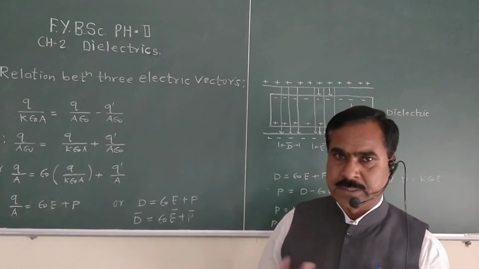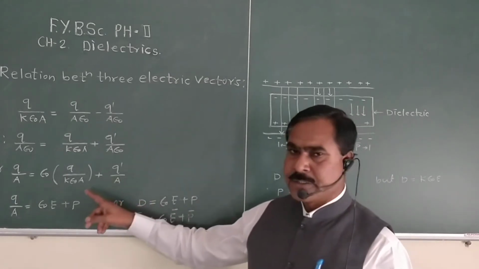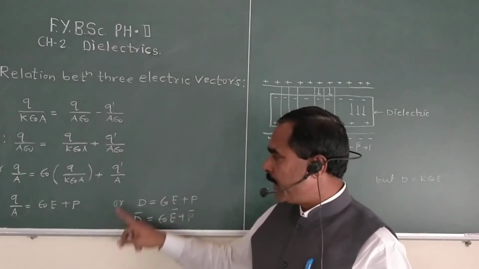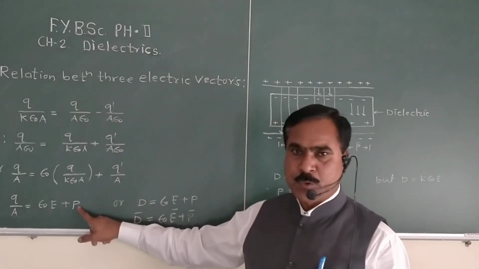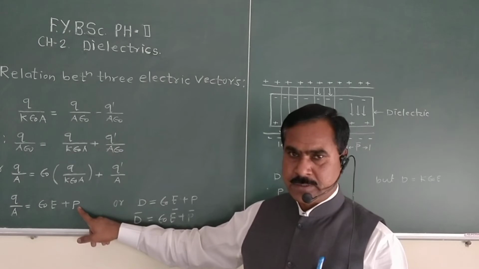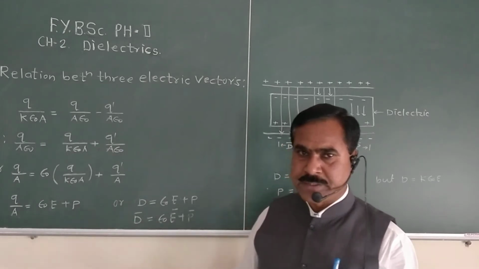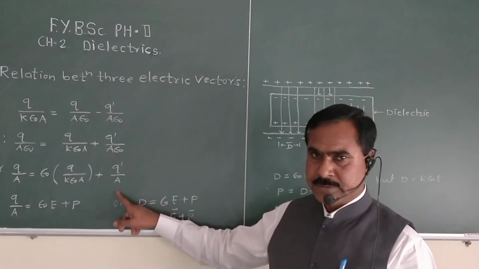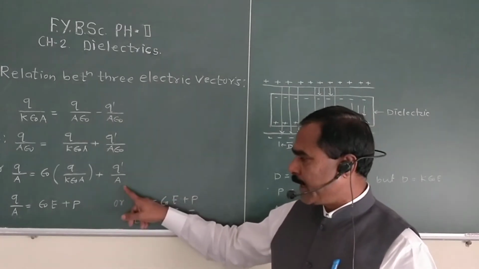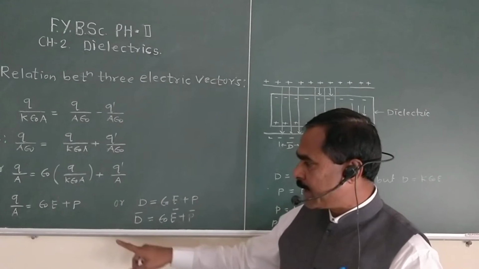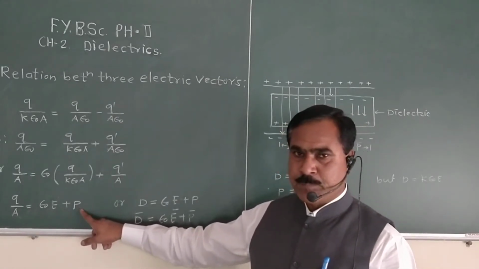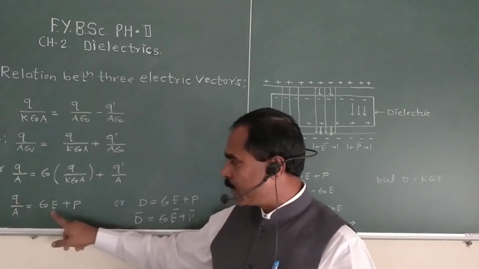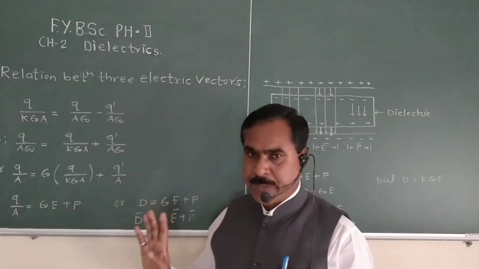That means E has the value in dielectric, equal to Q upon K epsilon A. Then this is P, the polarization, and according to the definition of polarization, it is the induced charge per unit area. So Q dash upon A we substitute as P. So the equation becomes Q upon A equal to epsilon E plus P.